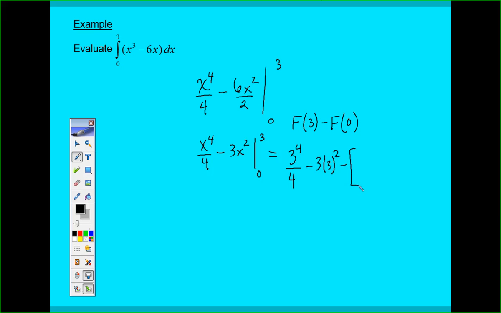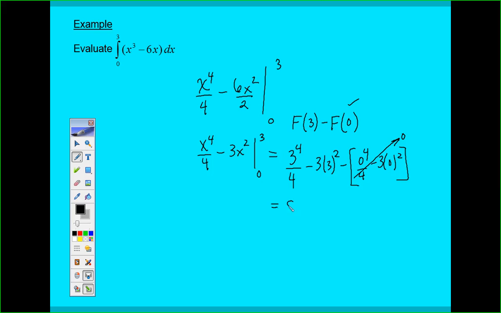Now we're going to plug in 0 for all the x's. So we'd have 3 times 0 squared. Now this quantity here, our f of 0, we can see we have 0 minus 0. So this all goes to 0.